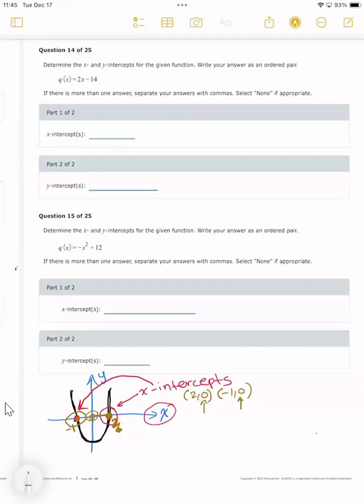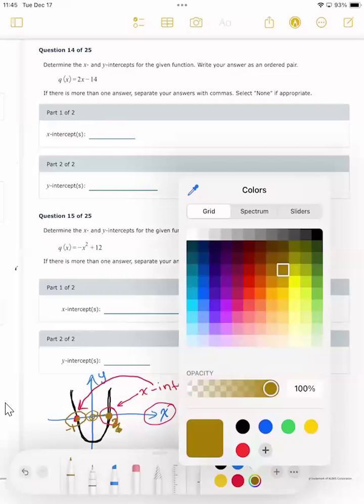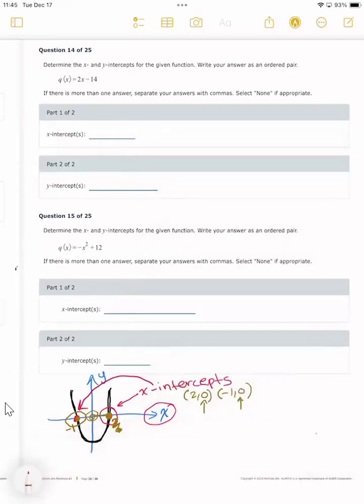Let's say they say, find the y-intercept for this graph. By looking at the graph, you see that the graph crosses the blue vertical line here. So if this is -1, -2, let's say this is -3 here, then the y value is -3, where the x value of this point is 0.